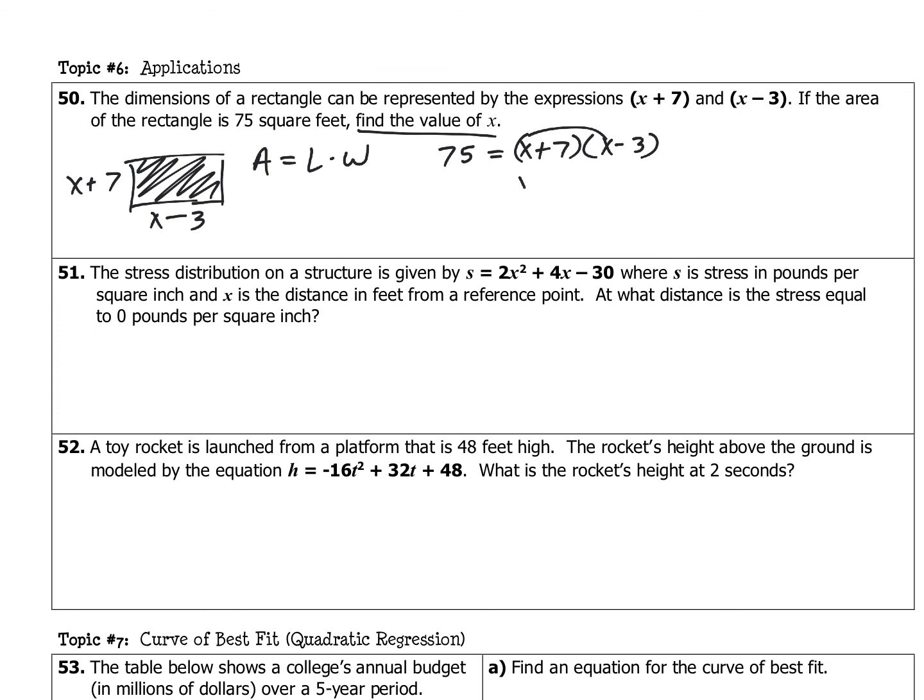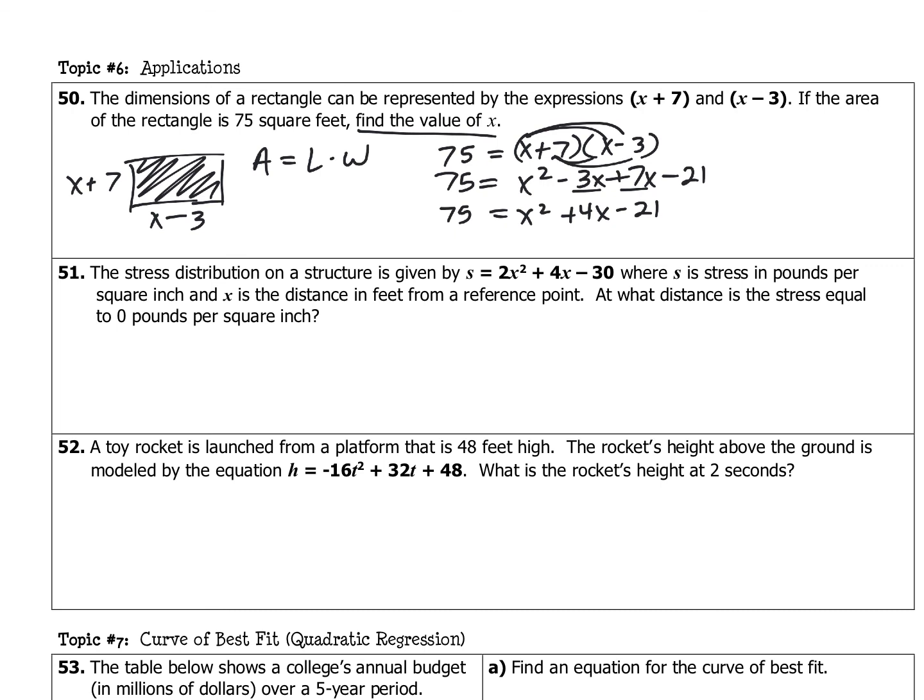So x times x, that's x squared. x times negative 3, negative 3x. 7 times x is 7x, and 7 times negative 3 is negative 21. Now I can combine like terms, so we get x squared plus 4x minus 21 equals 75.